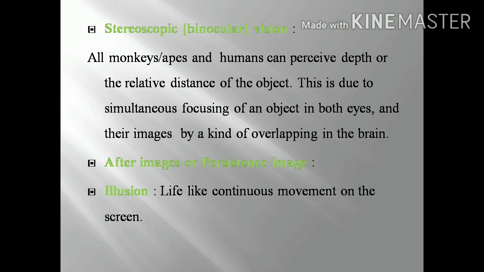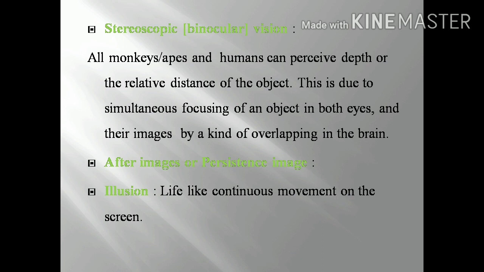So we are seeing the object with the help of two eyes, and the images from the two eyes go to the brain, where overlapping takes place. It gives rise to a three-dimensional effect. In the textbook they gave one activity, so you can try this activity.